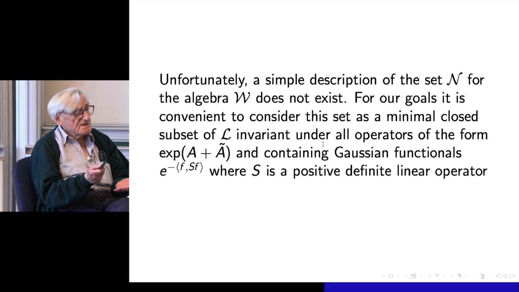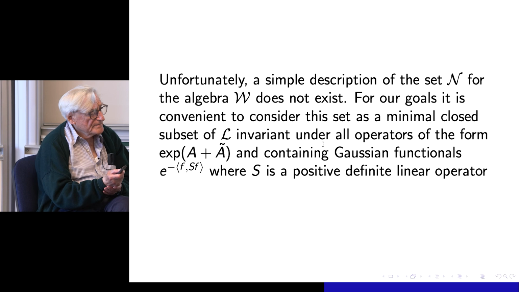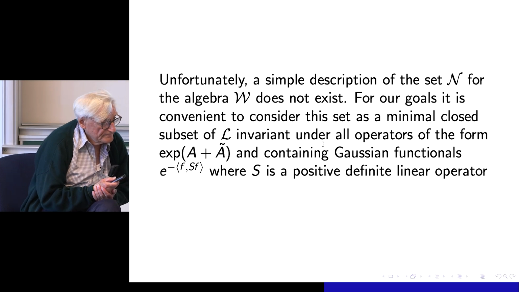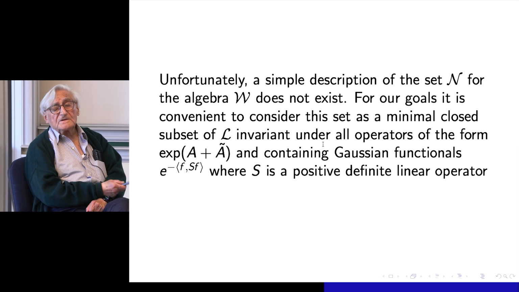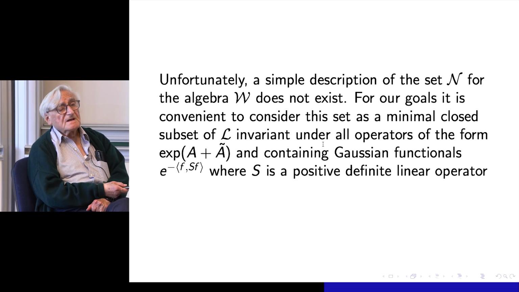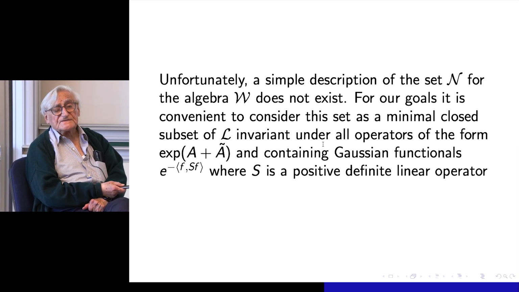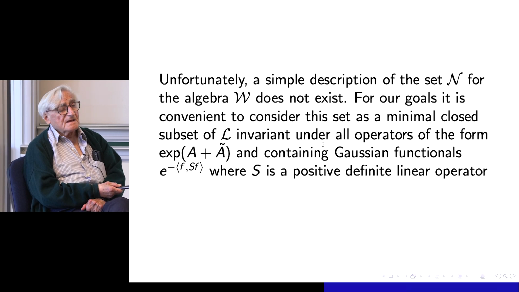So basically, what do you need? You have the states, and the only problem is that the set of states that I denoted by n doesn't have any simple description in the case of the Weil algebra. But this more or less doesn't matter.